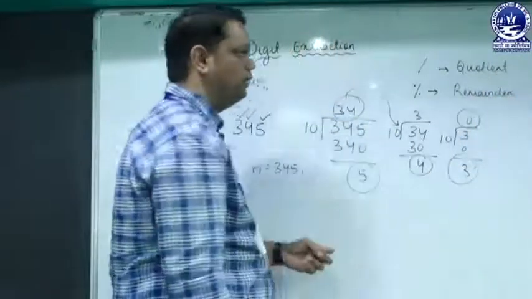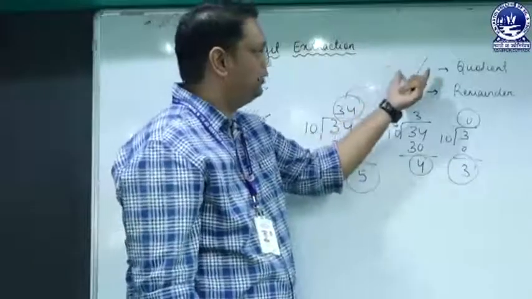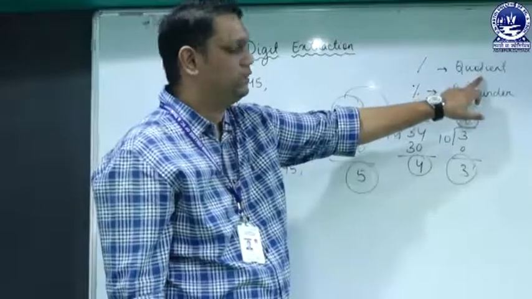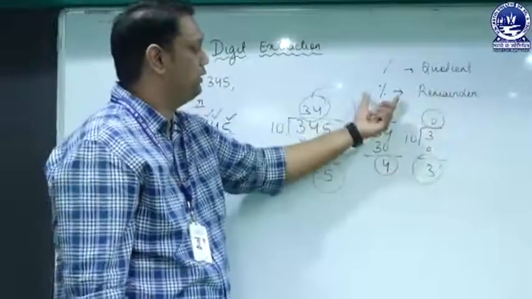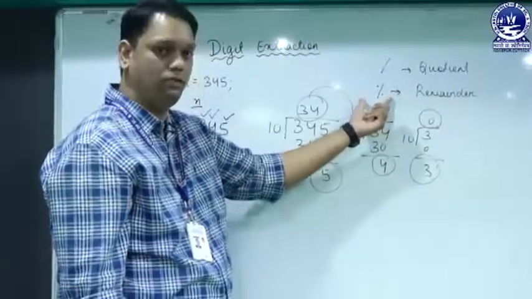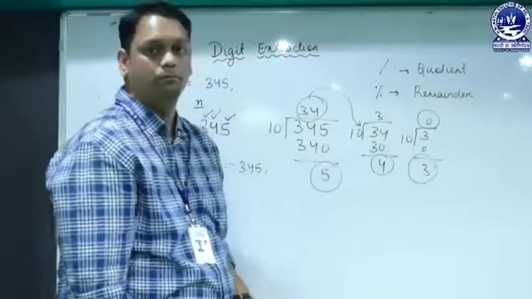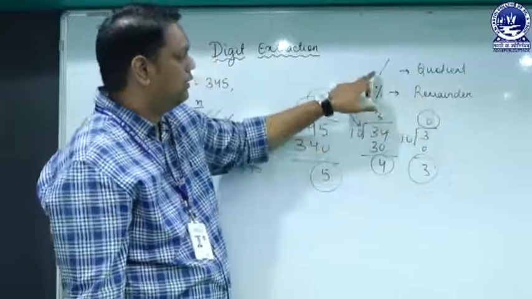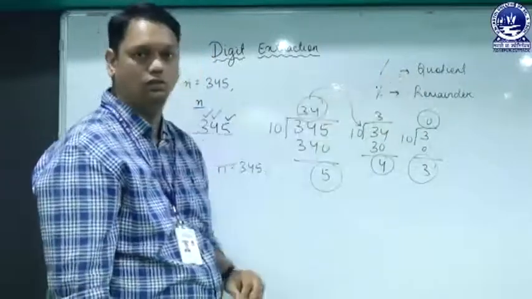That means whenever we divide a number using the division operator, we get the quotient, and whenever we divide using the modulo division operator, we get the remainder. So this operator is used to return the remainder and this operator is used to return the quotient.